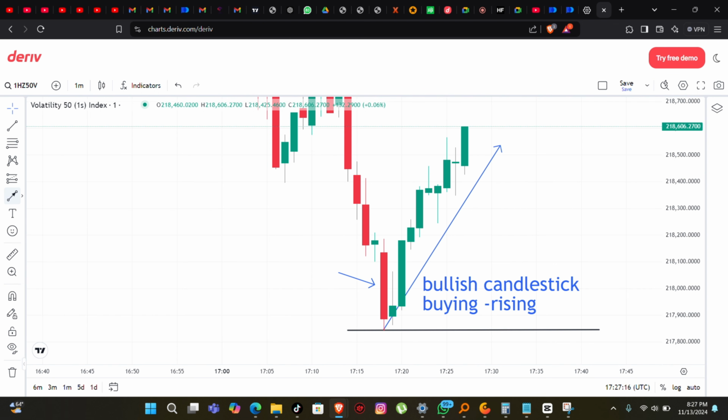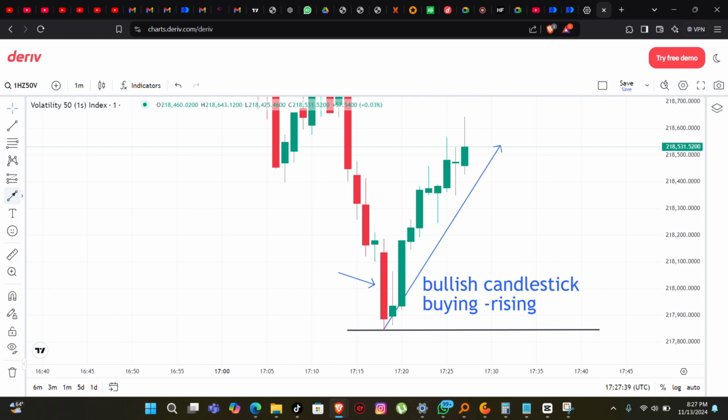You don't need to overcomplicate it. What you need to understand in this case is that a candlestick is just a representation of price. A candlestick basically has 4 parts. We have the opening of the candle, the closing of the candle, the high of the candle, and the low of the candle.